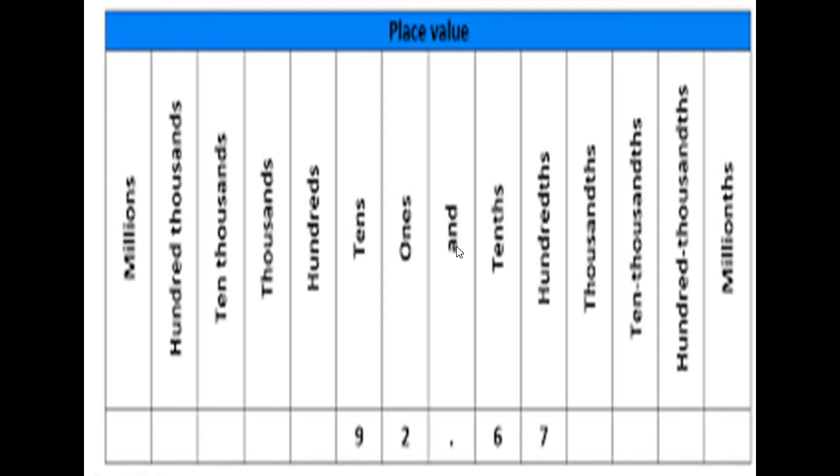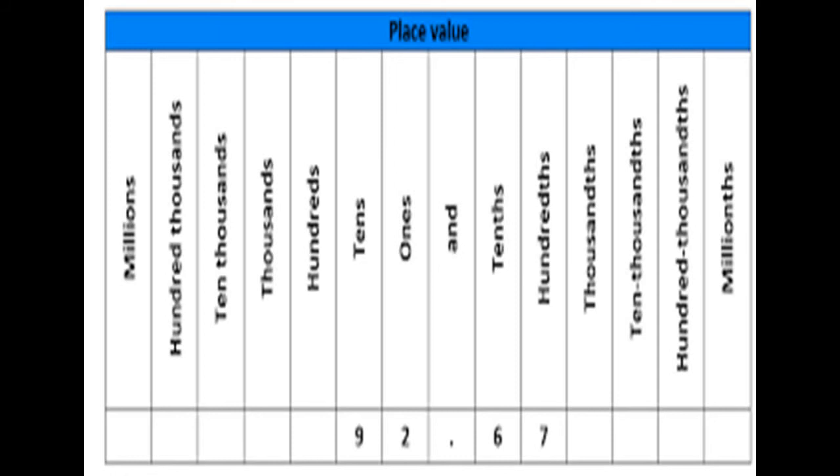Now we can use "and" also in the place of the decimal point. So when you have to write 92.67, the point should come in between the decimal part and the whole part, and then place the first place after the decimal to the right, below tenths, the second place below hundredths, and on the left side it is 92, that is a whole number.